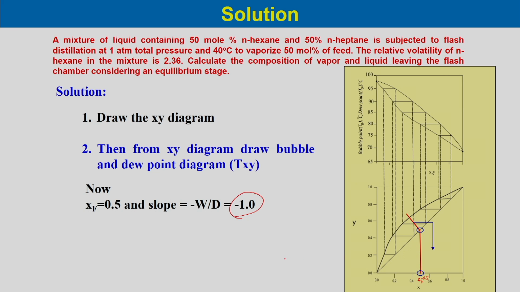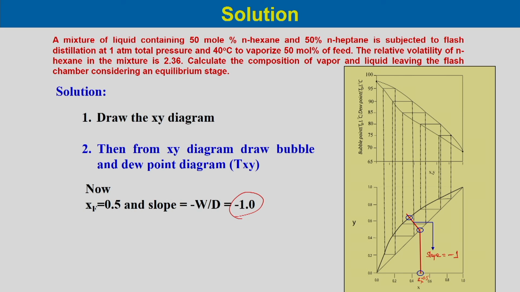Now, we can plot a line with the slope minus W by D, which is minus 1, from this point. With minus 1 slope from this point we can plot this line, which intersects the equilibrium curve at this location.